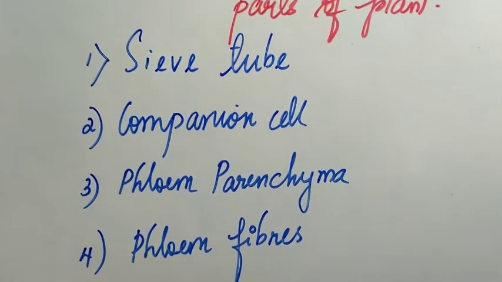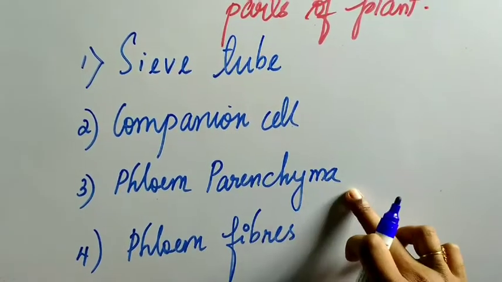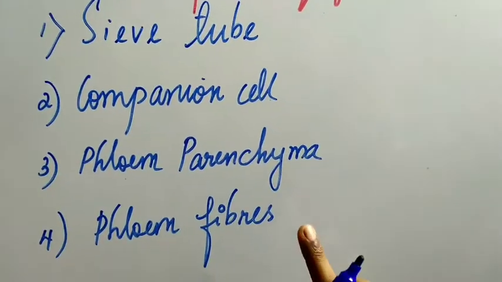So, the four components which make up phloem are sieve tube, companion cell, phloem parenchyma, and phloem fibers.